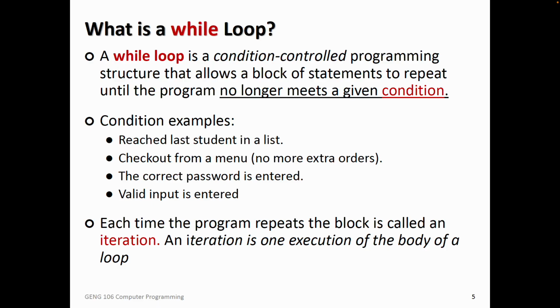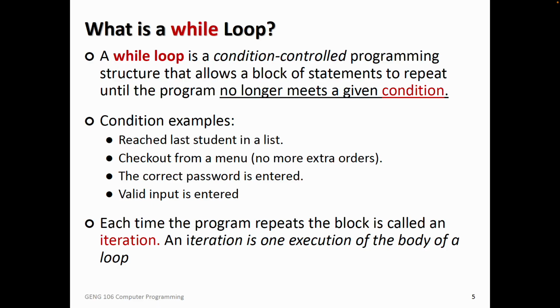Check again, is there any obstacle? No, then forward. Is there an obstacle? No, forward. Whenever you reach an obstacle, you will not be able to go forward, so you will stop. So this is the while loop condition. While it is true, while there is no obstacle, move forward. So I can translate it to English in this way.